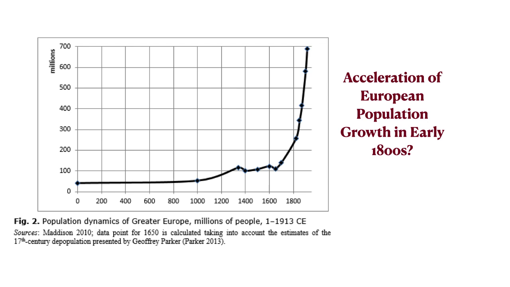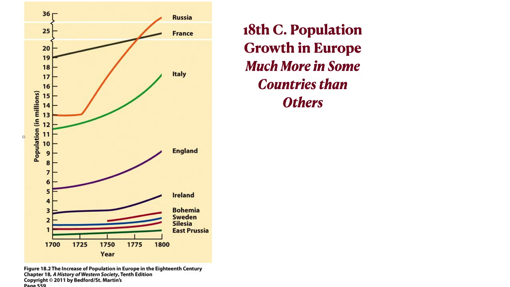What is important to note is that by the middle of the 18th century, European population was expanding much quicker than it had been, and that's going to continue for some time. It's also important to note that it was not the same in every country in Europe by any means. It's a pretty revealing graph, and again, these figures must be taken with a certain grain of salt.